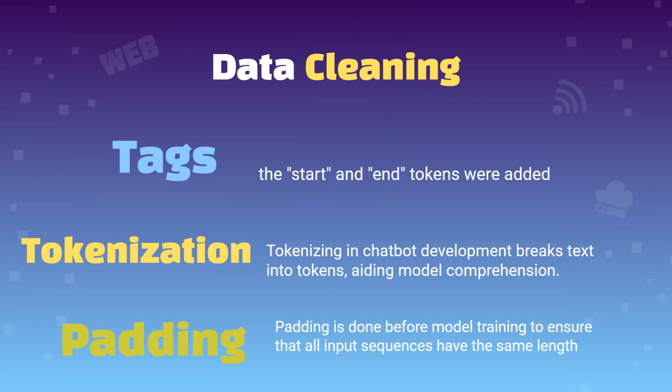It is a process of breaking down a text into individual units of tokens such as words. Then we did padding. This is a process of adding filler tokens to sequences of varying length to make them uniform. It ensures that input data has consistent dimension.